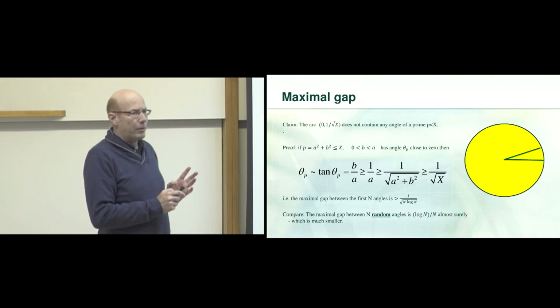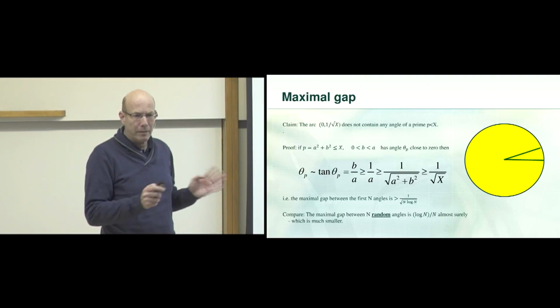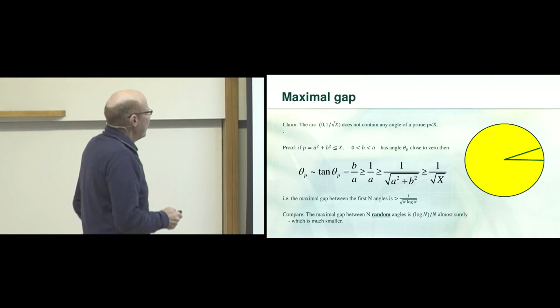Since I'm worried about the exponent, x and n will be roughly the same here. We'll find a big gap, a big hole near 0. So I'm trying to find points near 0, so the angle is going to be very small.